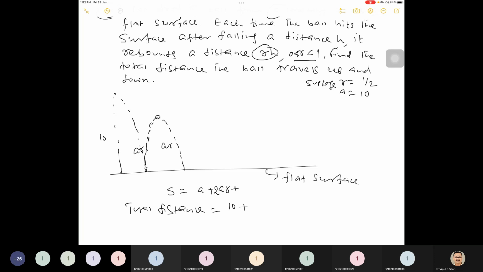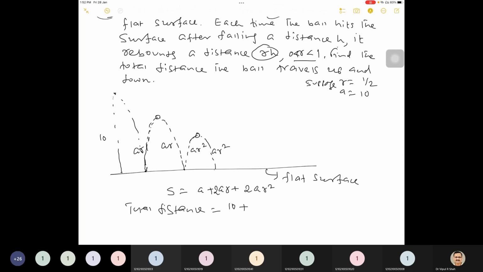Now it will rebound like this, somewhere here. Each time it rebounds you multiply by r, so this will be ar square. Coming back down here, this distance will again be ar square. So plus 2 times ar square. You understand?